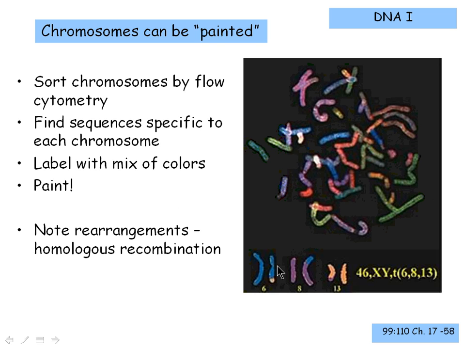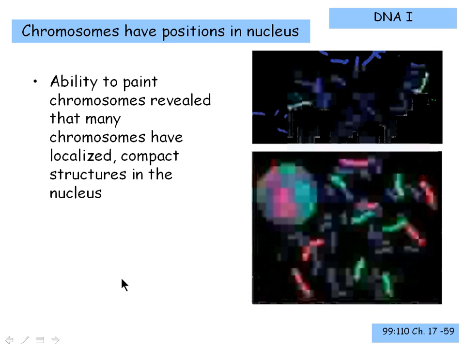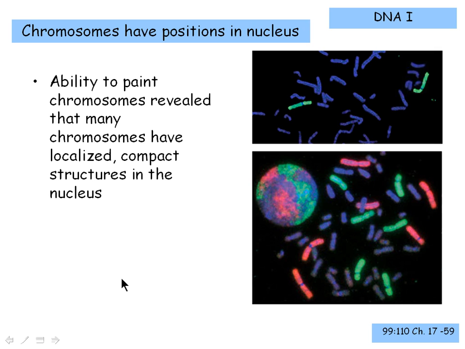If you look down here, you can see there's a little orange on this blue chromosome, and there's a little bit of chromosome 6 put onto chromosome 8. This results from homologous recombination during meiosis, which results in a lot of the diversity in our cultures. Due to this chromosome painting, we have the ability to look at where these chromosomes exist in our nuclei.